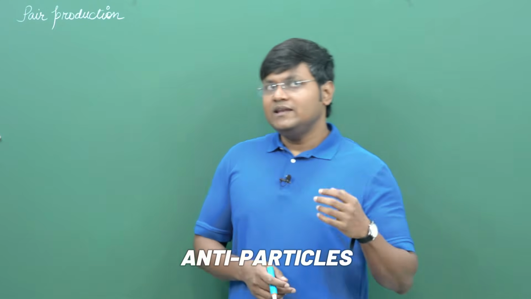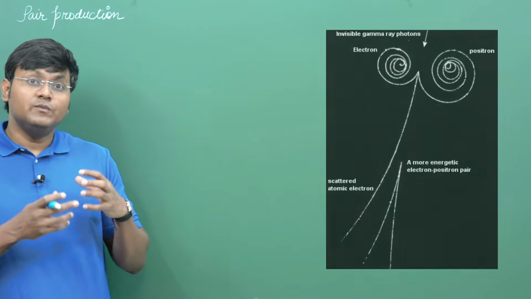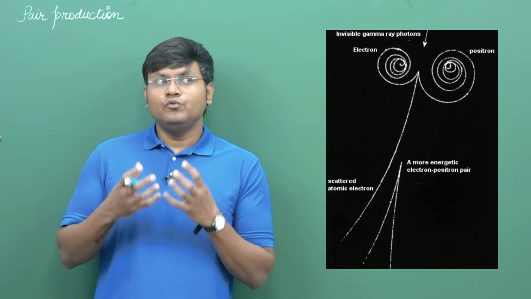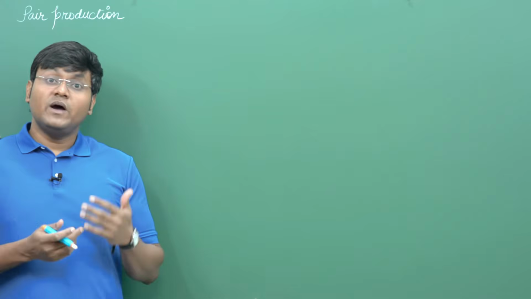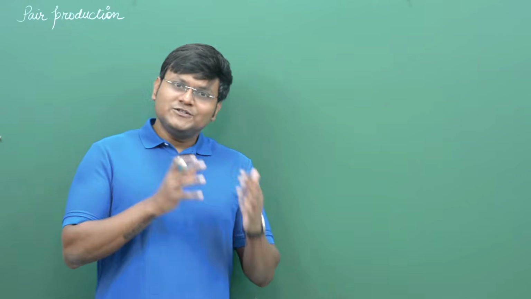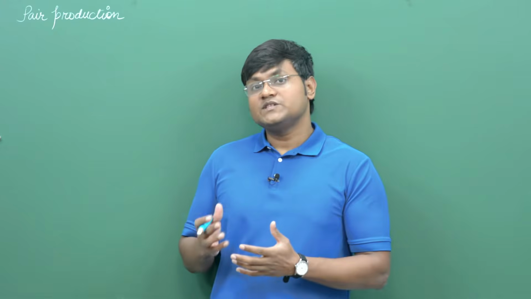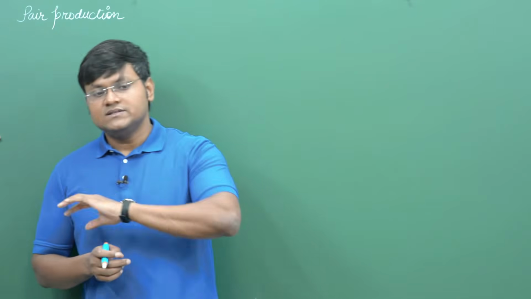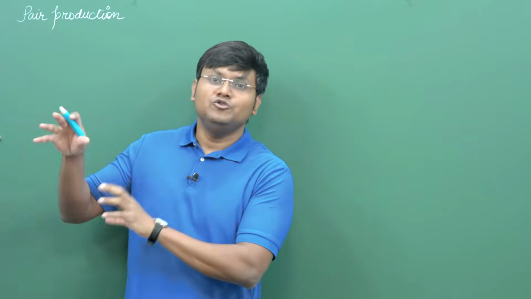Later on in 1932, when a scientist by the name of Anderson was studying the trails left by cosmic rays in cloud chambers, he was able to successfully prove the existence of these antiparticles predicted by relativistic quantum mechanics. It is also very important for us because this is one of those experiments in which a light photon demonstrates conservation of energy and conservation of momentum when it gets converted into matter particles.